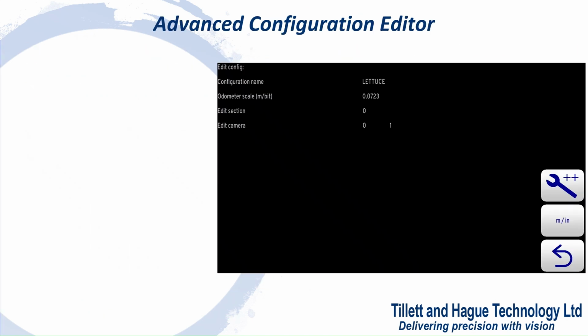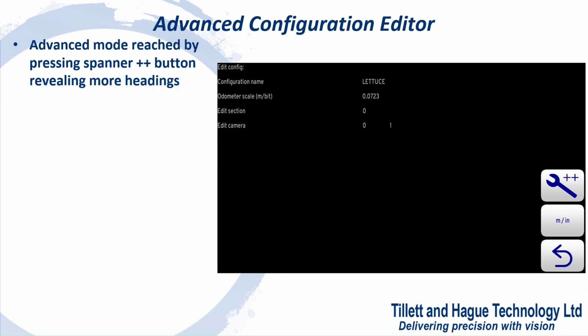As mentioned earlier, the standard version of the configuration file editor is all that you need to change standard things such as camera height and row spacing. However, there is an advanced mode that allows you to edit more parameters. You reach that by touching on the Spanner++ button, which toggles between standard and advanced modes. In advanced mode, you will see more headings allowing you to make more changes.